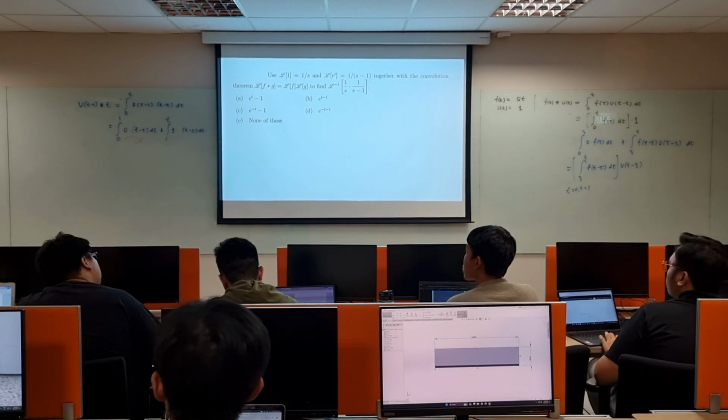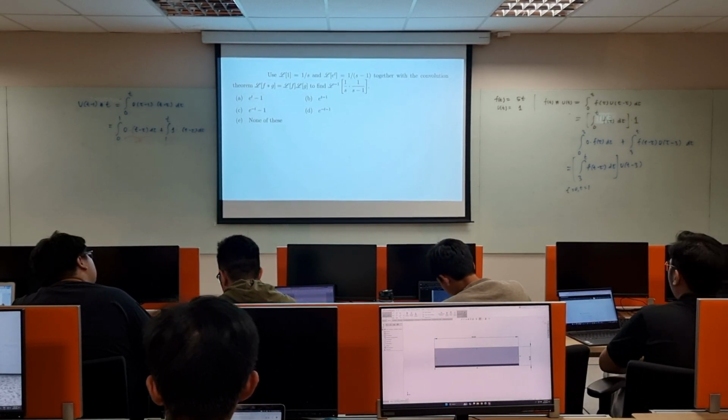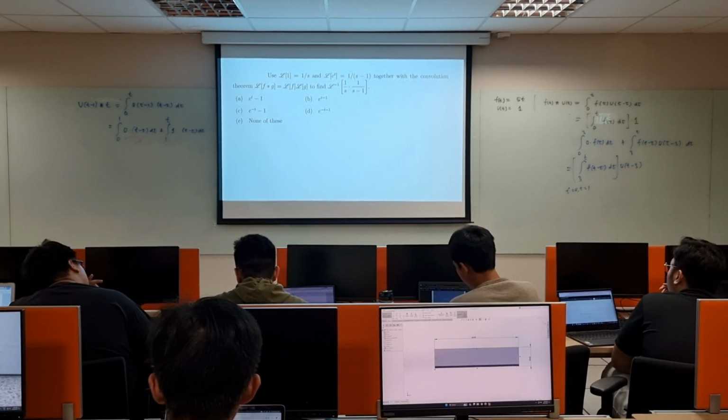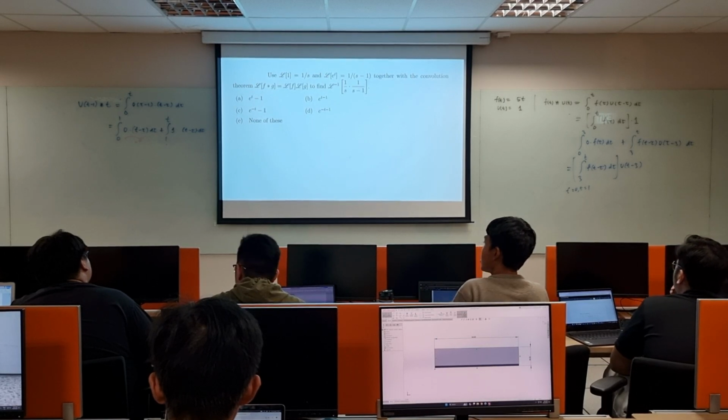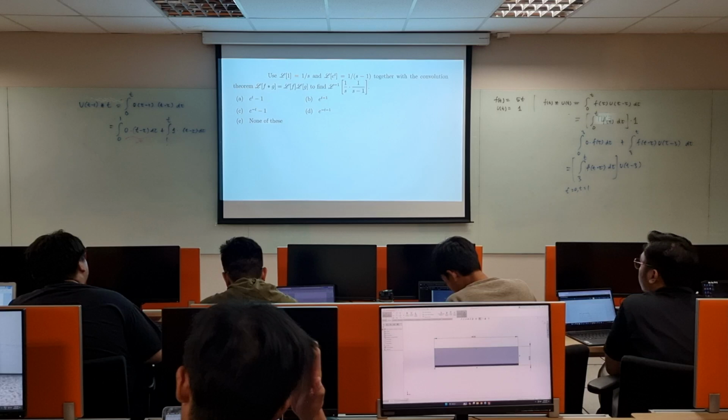Without or with? Up to you. With and without. So one student will work on convolution and the other one will work on the other method, on the whiteboard. If you have done it on your paper, yes.